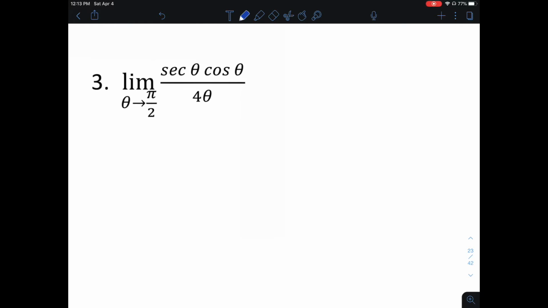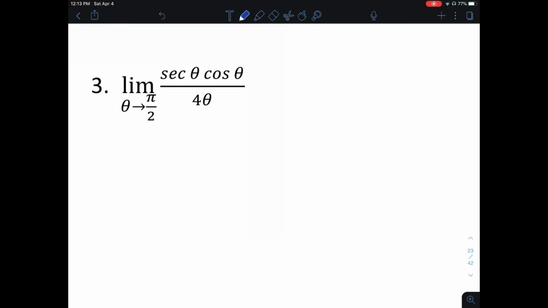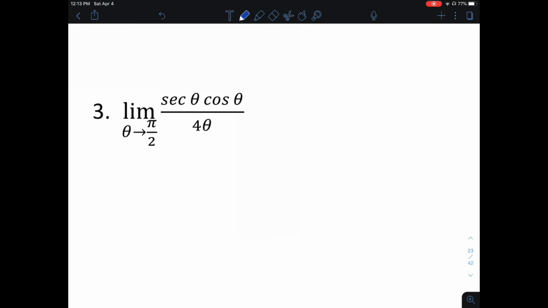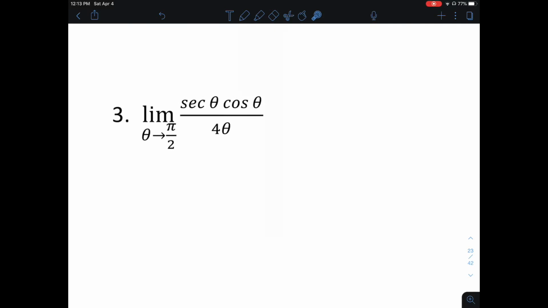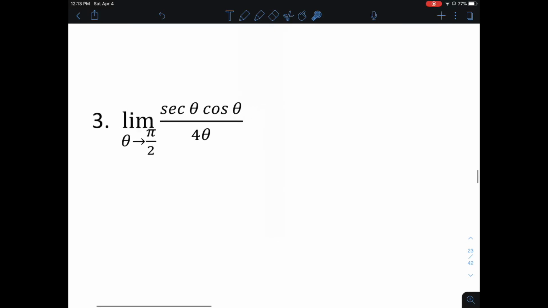Number 3. Hey, we can use direct substitution for this, can't we? Yeah, no, we can't. Pi over 2. Secant of pi over 2 is undefined. But here's what we can do. Secant and cosine are reciprocals. If you multiply two reciprocals, you get 1.